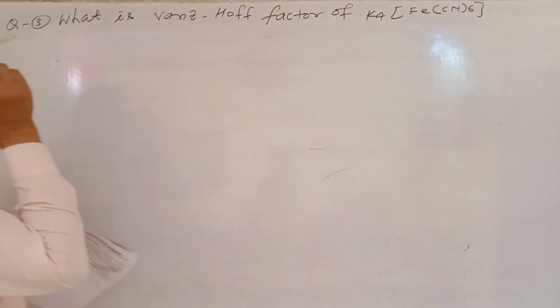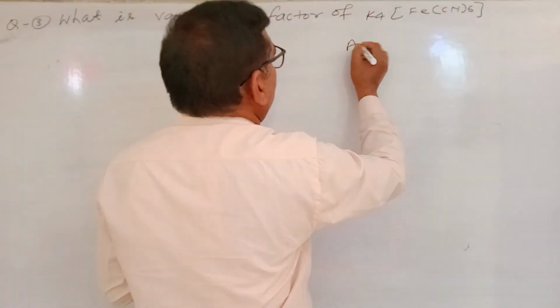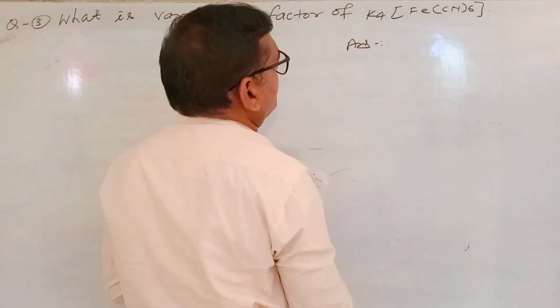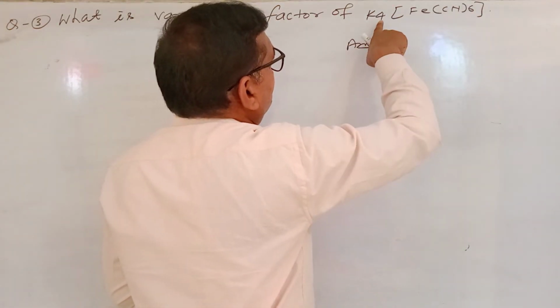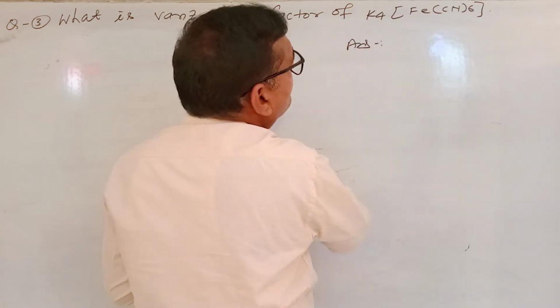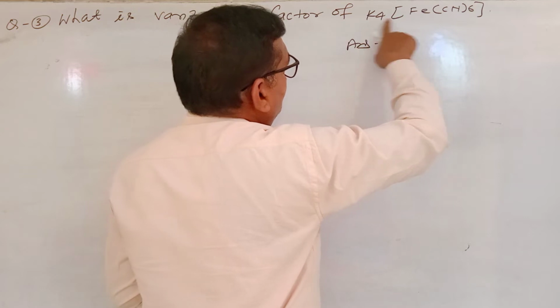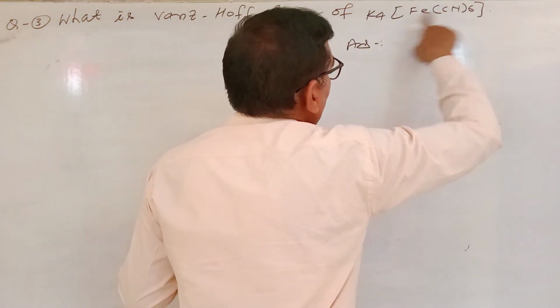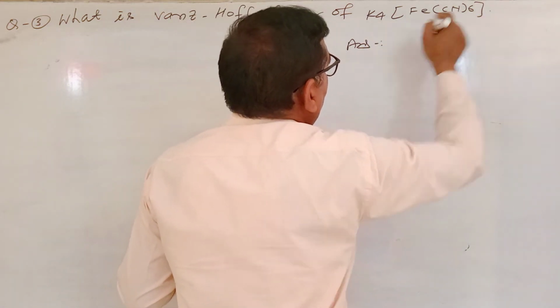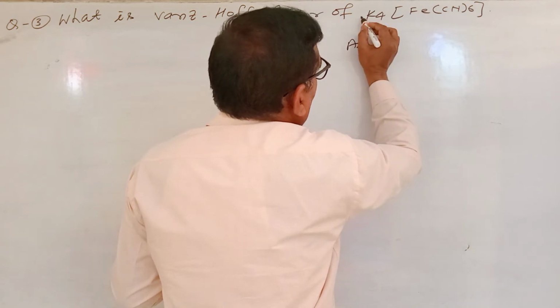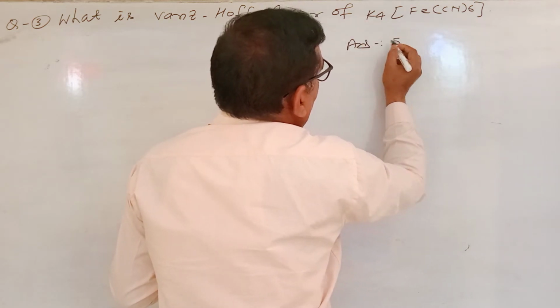Answer will be by technique. We explain number of K4 and number of this ion is 1. 4 and 1 add 5 and divided by 1 we give 5.